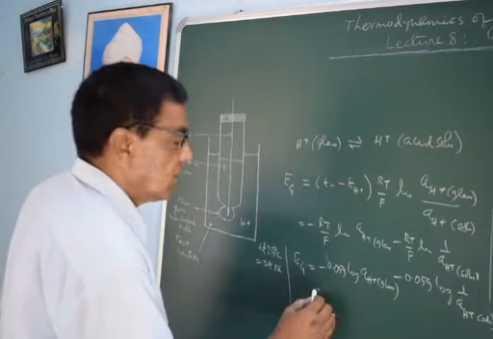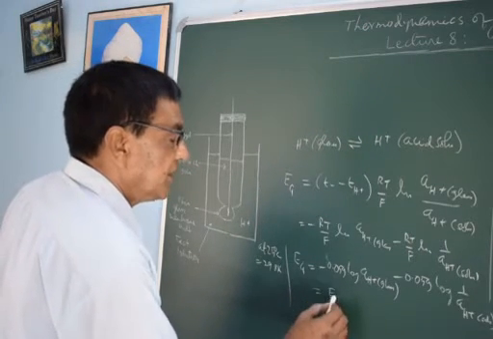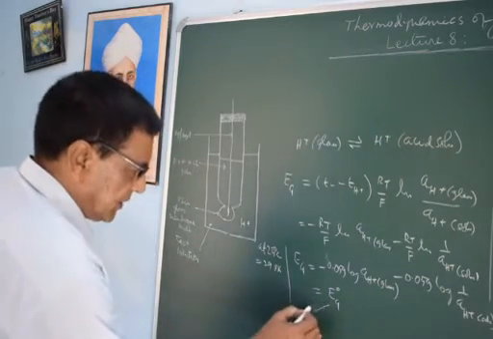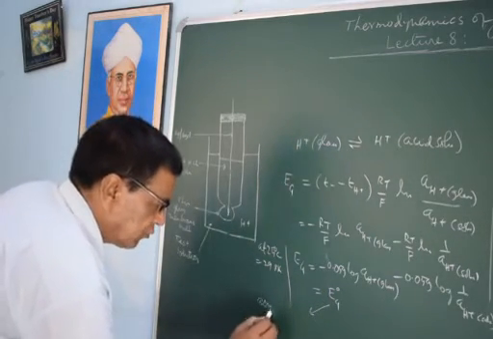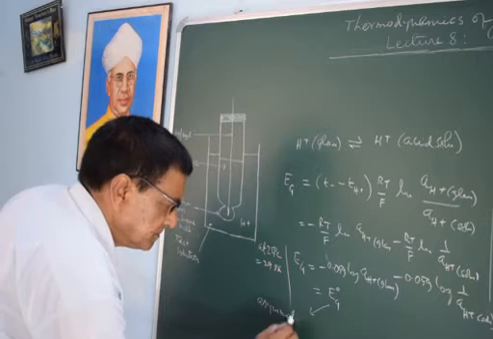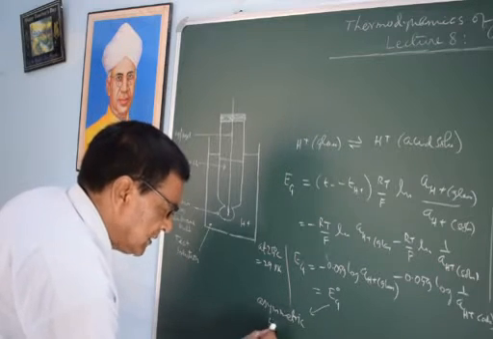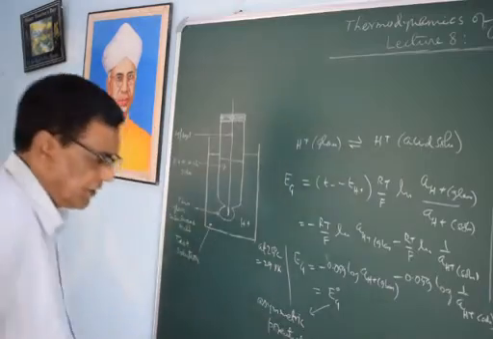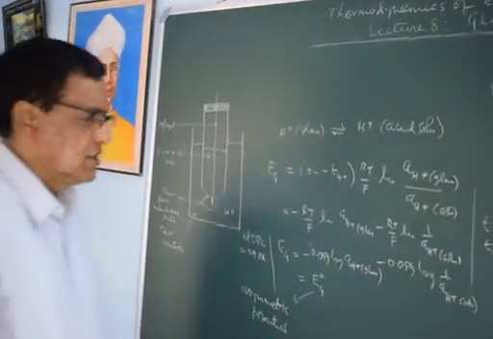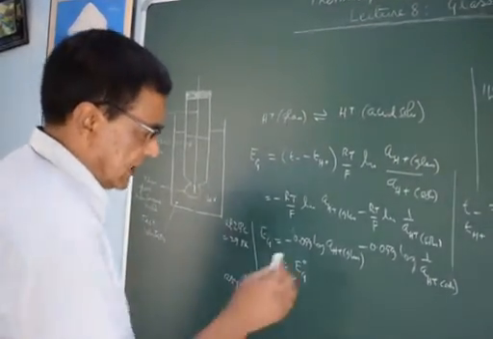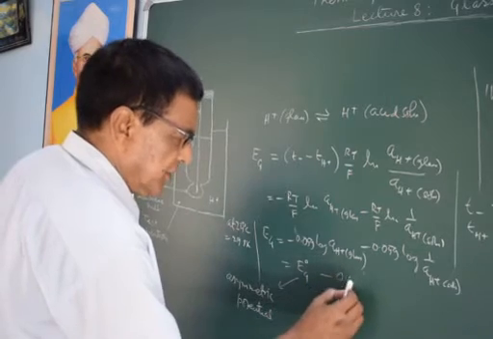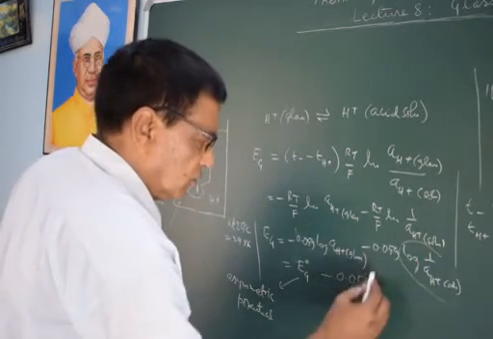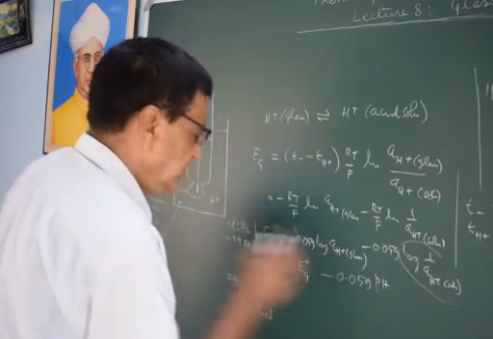So this is constant, and we can write it as Eg naught, called the asymmetric potential. This potential will vary depending on the type of glass, and minus 0.059, and this one we call the pH of the solution.